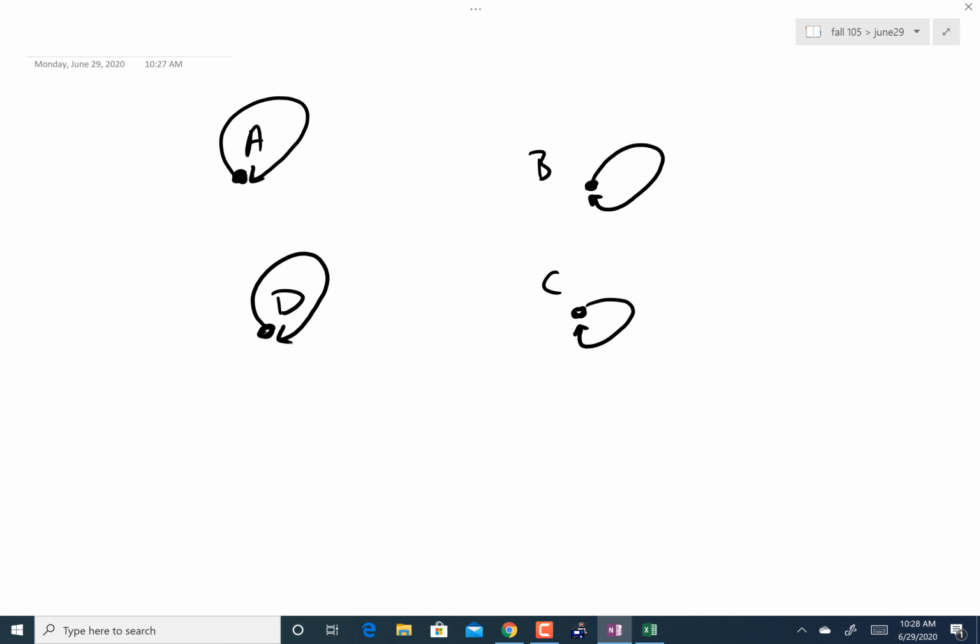What do you know? Right off the bat, if those were in there, this thing is reflexive. Okay? How do I know that? I know that because B comes back onto itself. Okay? I know that C, D, and A do too. If this one is not here, it is no longer reflexive because it doesn't work for every member of the group.